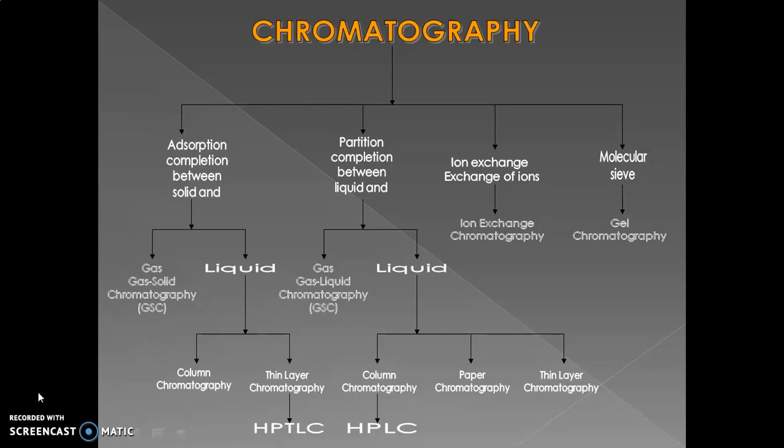Gas solid chromatography, GSC, is an example of adsorption chromatography, as well as HPTLC. In partition chromatography, column chromatography, paper chromatography or TLC are examples.